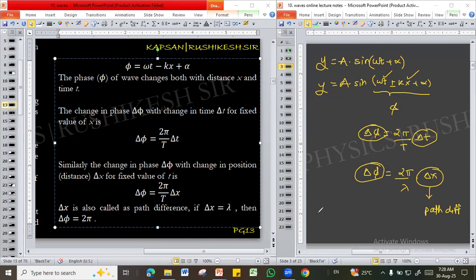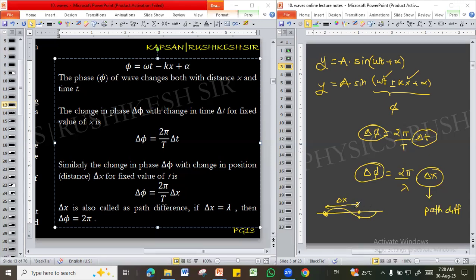Delta x means distance between this particle and this particle. Means let's say wave looks like this. So this particle is right now at mean. This particle is somewhere here. So distance between these two particles is called as path difference.